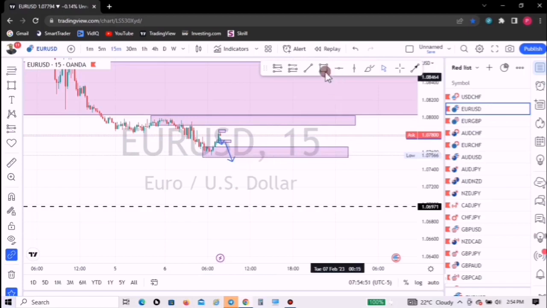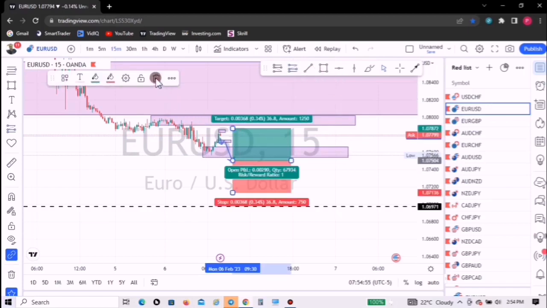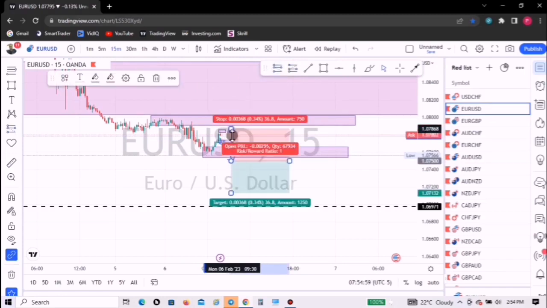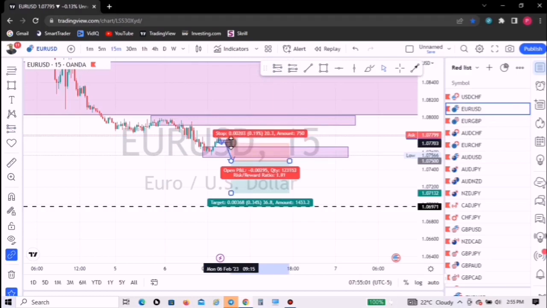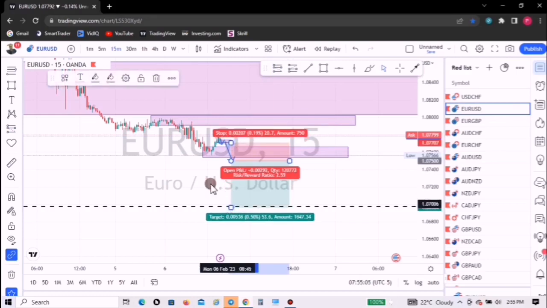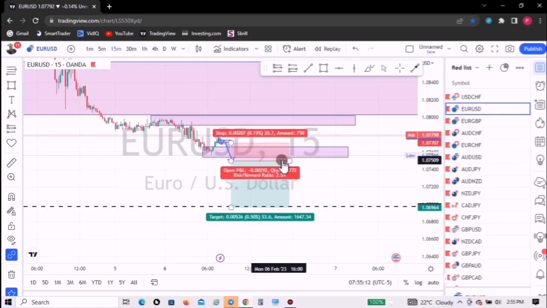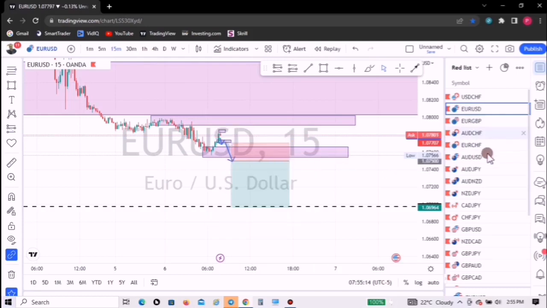But as for this trade, let's say you take the trade right here, you can still take the risk, something like this. So this is how you can go about with Euro USD.